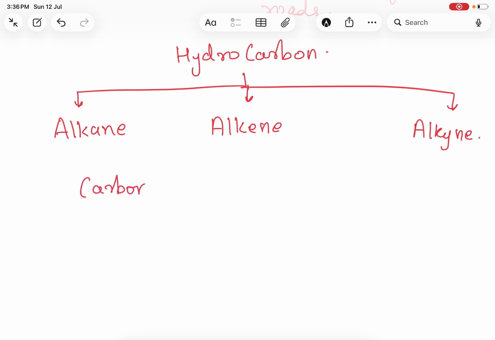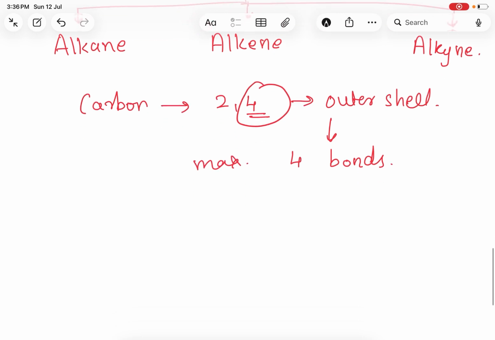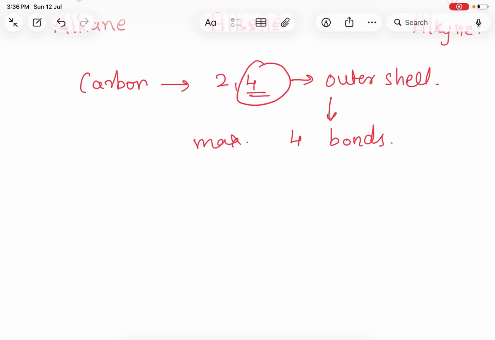Carbon has the electronic configuration 2,4, with 4 electrons in its outer shell, so it can make a maximum of 4 bonds. Carbon has the property of making single, double, and triple bonds. So carbon can make a carbon-carbon single bond.